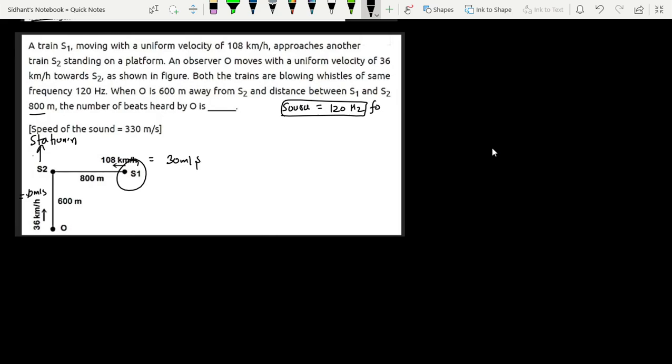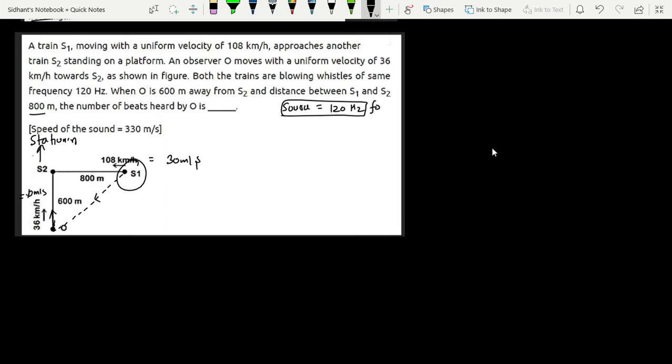So Lohit, suppose that at this particular instant, when the frequency from S1 comes towards O, the sound wave that comes towards O, definitely O will not be here at that time. O will have moved on, this one must have passed away.